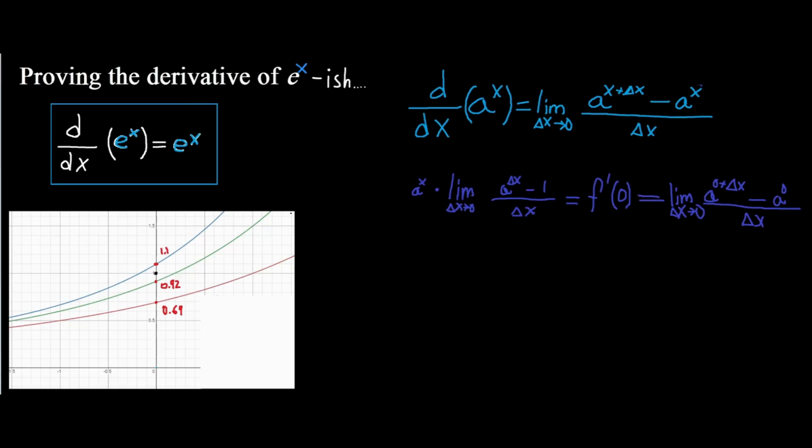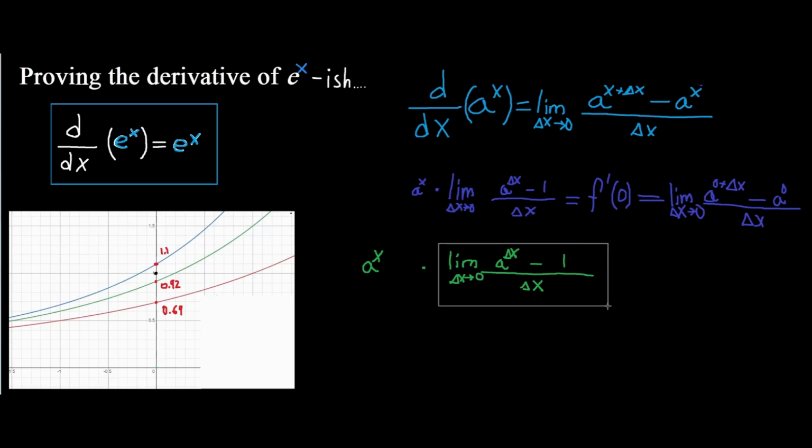So what can we do with that? If we know that these two things are equal, I'm going to move this a to the x over here. I don't need it right now, but we will come back to it. So a to the x times the limit of delta x approaching 0 of a to the delta x minus 1 over delta x.